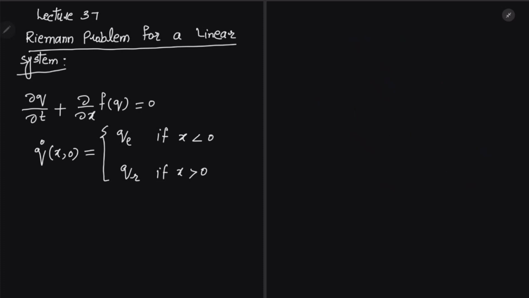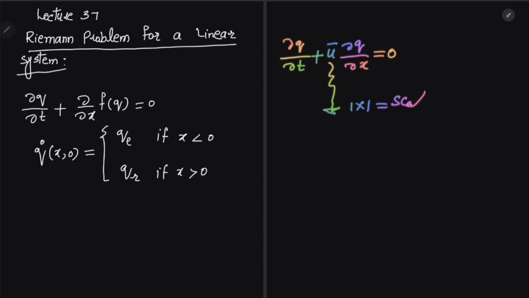Why does this matter? If I go back to the advection equation, we have partial q by partial t plus a partial q by partial x equal to 0. Here you can see that I have only a scalar value, which is 1 cross 1, and q is also a scalar value.